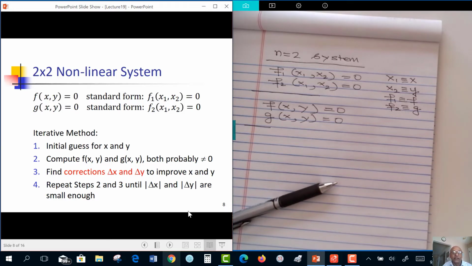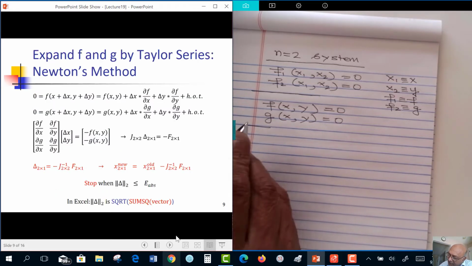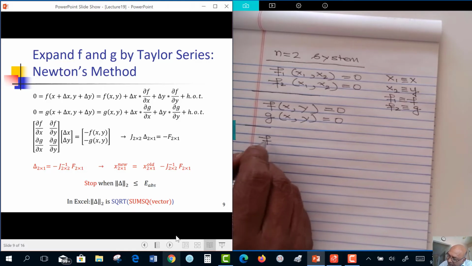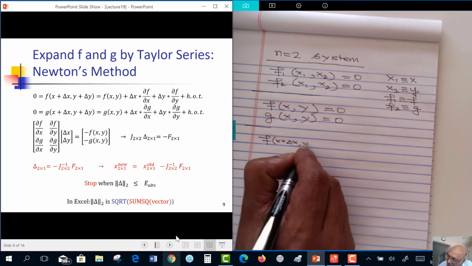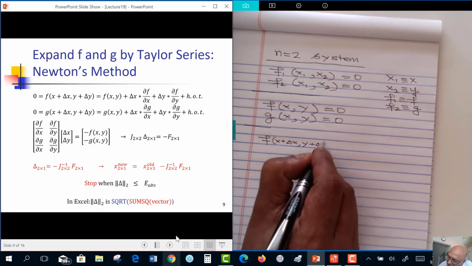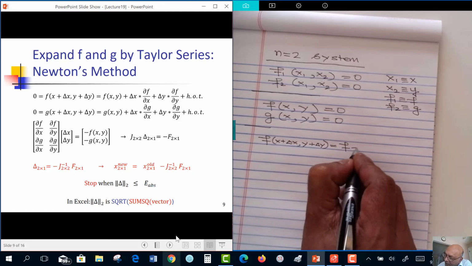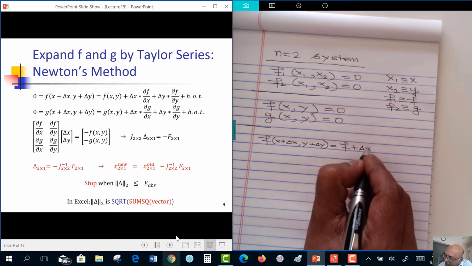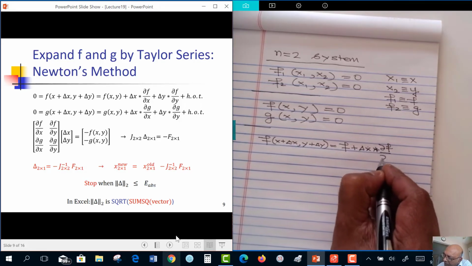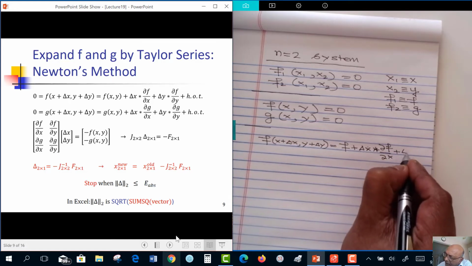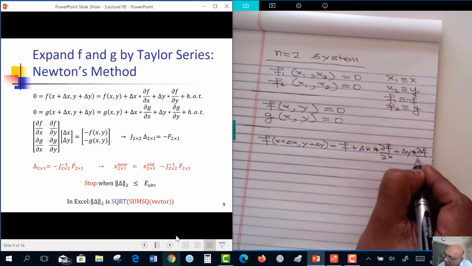So again, you can guess we are going to use Taylor series. So we use Taylor series and we say, okay, let's find the function at x plus delta x and y plus delta y. So it will be f at (x,y) plus delta x times the first derivative of f with respect to x, plus delta y times the first derivative of f with respect to y.